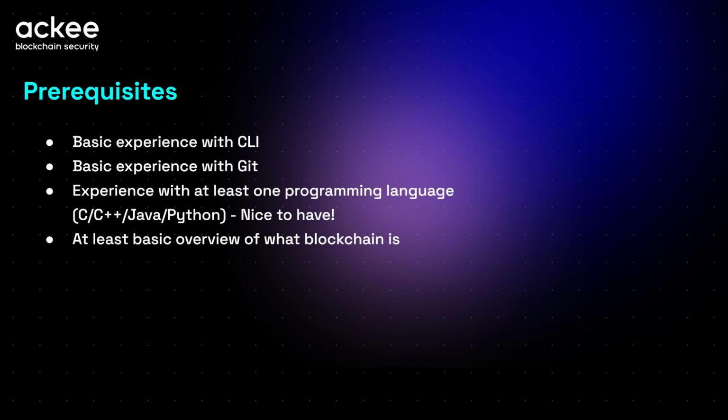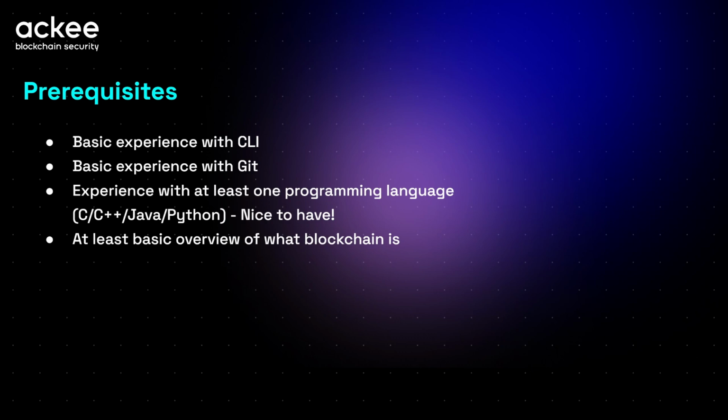Then at least basic experience with a programming language other than Rust, but obviously if you have some experience with Rust, that's awesome. But it is nice to have experience with at least one programming language. If you know, for example, C, C++, Java, or Python, then even though the syntax of Rust might be different, you will still learn it much faster than if you do not know any programming language.